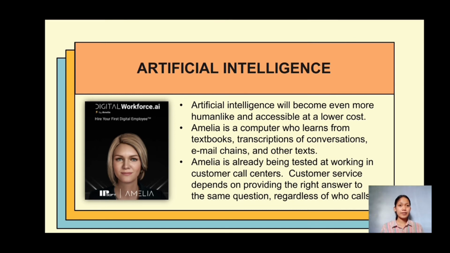Amelia has already been put to the test in customer service call centers. Regardless of who calls, customer service relies on providing the correct answer to the same question. However, since Amelia is a robot, she does have three emotional states that are influenced by how customers communicate with her.